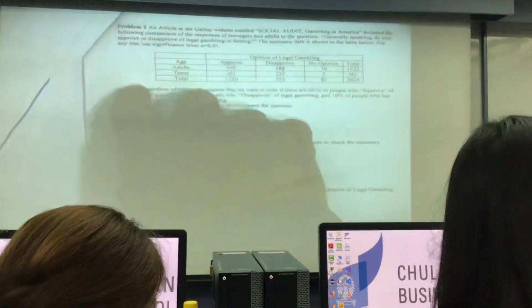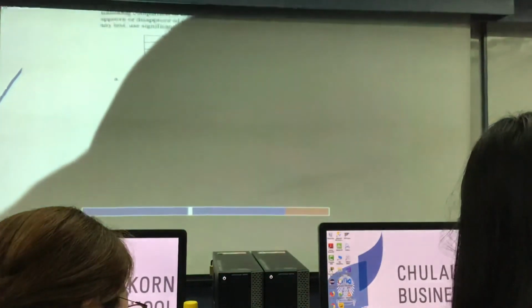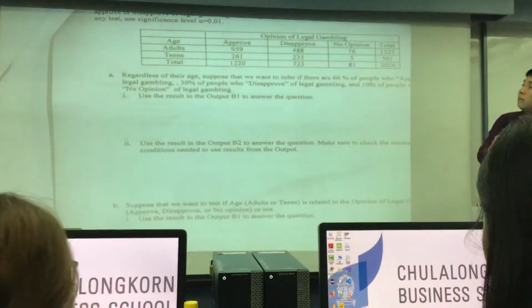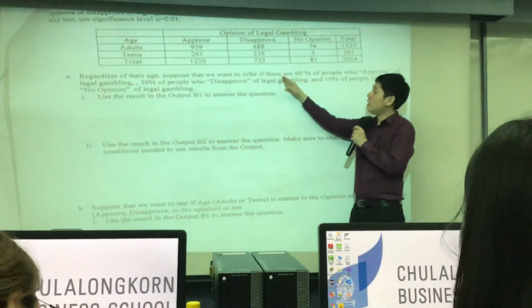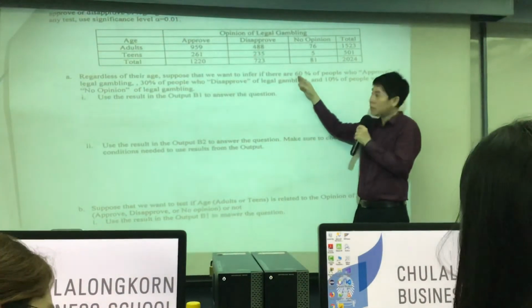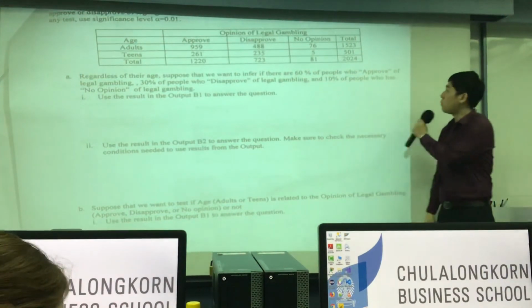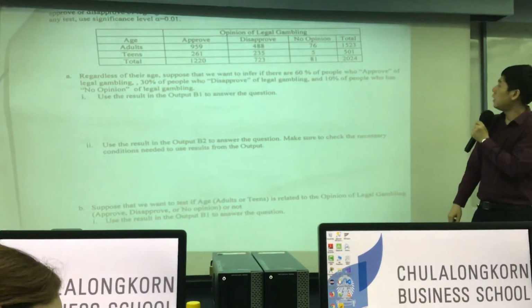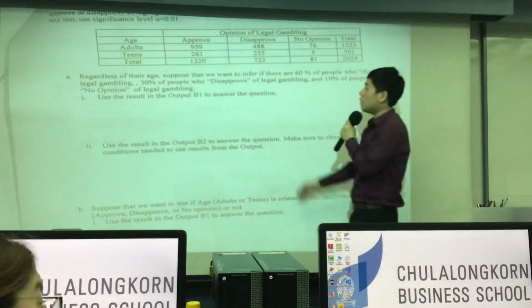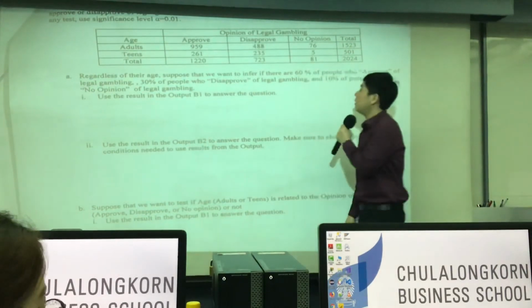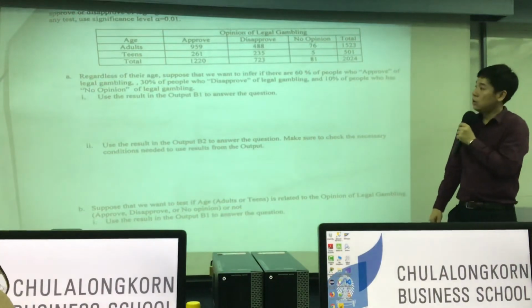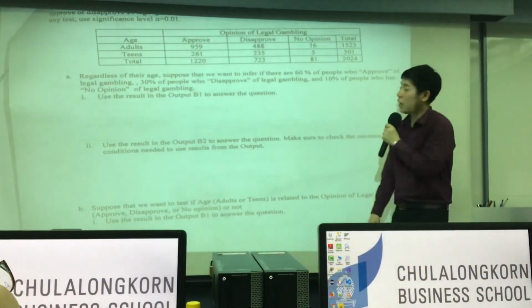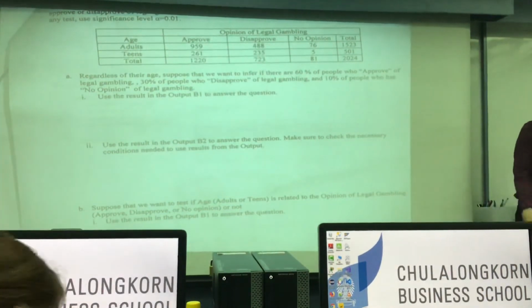Let's focus on A, regardless of their age. Suppose we want to infer if there are 60% of people who approve legal gambling, 30% who disapprove, and 10% who have no opinion. Use the result in output B1 to answer the question.